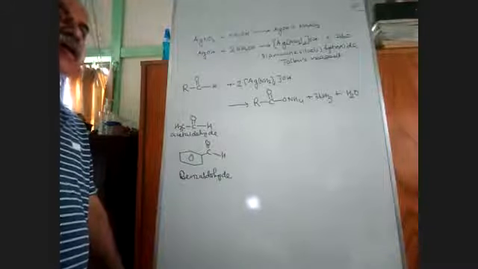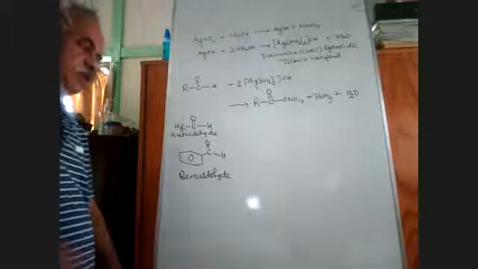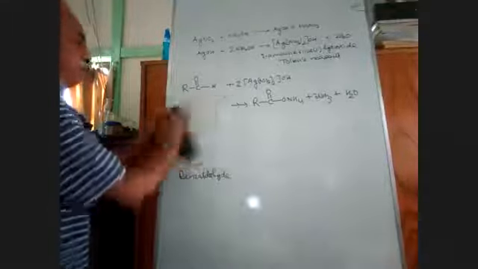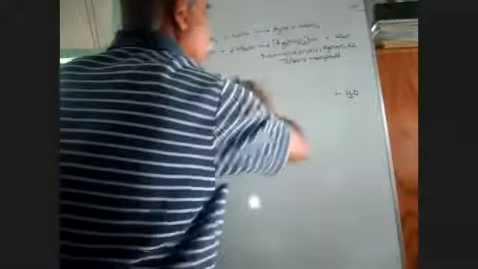Fehling's A is a dilute solution of copper sulfate.